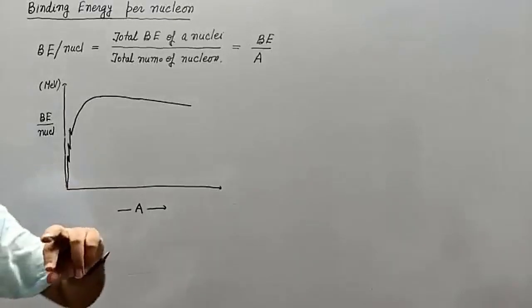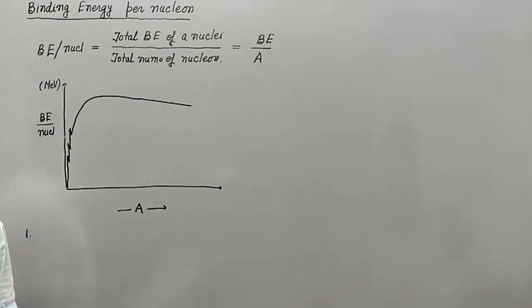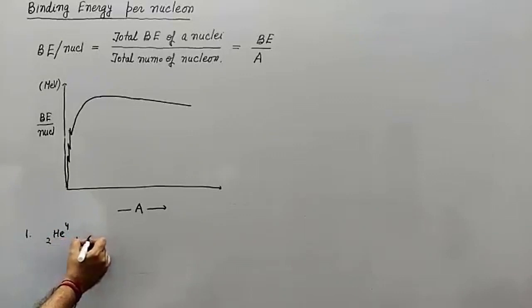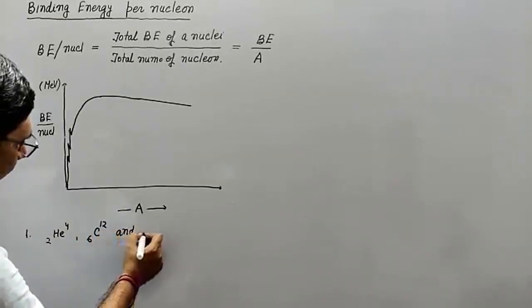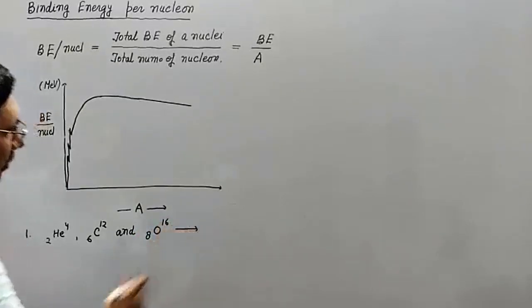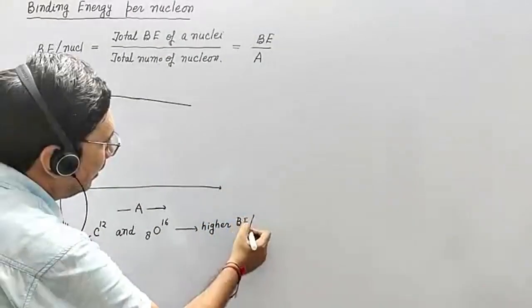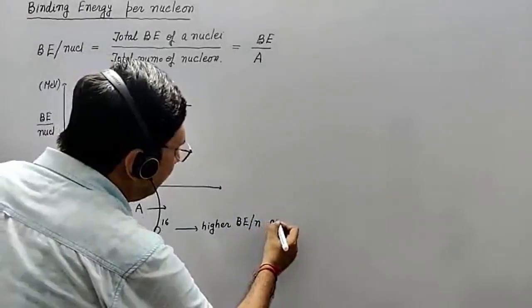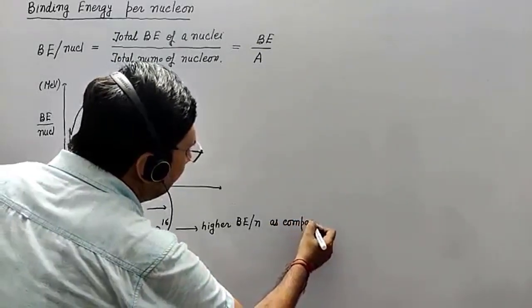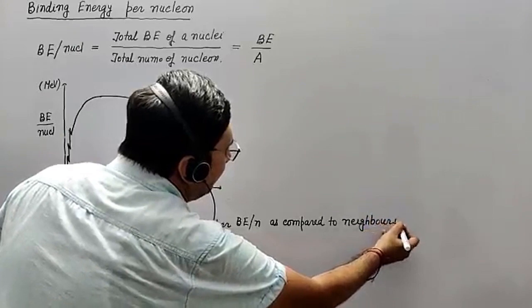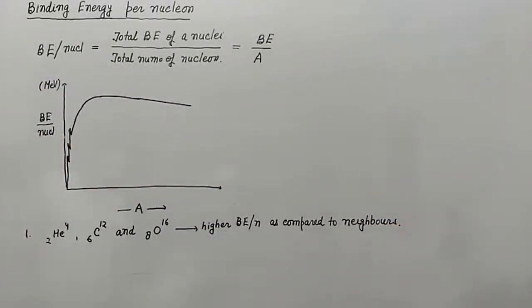There are three such nuclei: 2He4, 6C12 and 8O16. These nuclei have higher binding energy per nucleon as compared to their neighbors. This is the first observation.